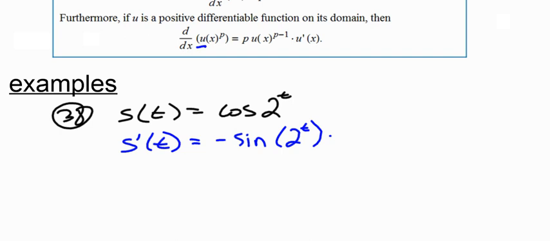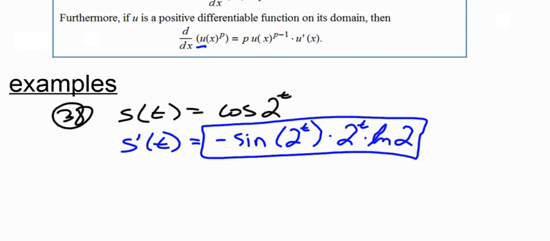So using an exponential, it is the function itself times the ln of the base, ln of b, or 2 in this case. So this is my final answer in this one. It could be written neater. In this case, I'm going to leave it as is.